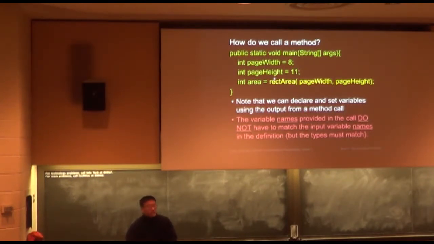Now, if rectArea generated a double as output, this would be a compiler error because I would be attempting to store a double into an integer variable. I'd have to have an explicit cast in order to store that output if it was a double into this integer.